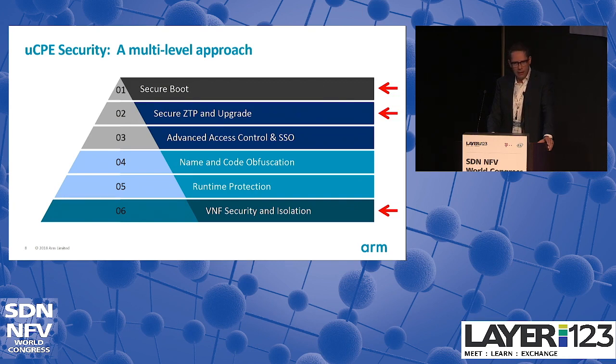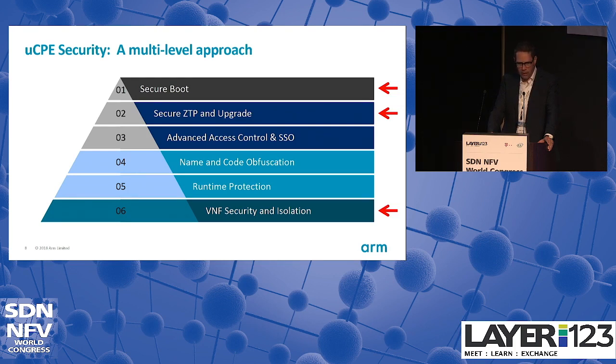When we're looking at UCPE security, you can see 6 factors or features that you could tackle the problem with. From the ARM perspective, a lot of the work that we've been doing together with our partners involves how to utilize ARM's TrustZone features to provide unique security features for the universal CPE.